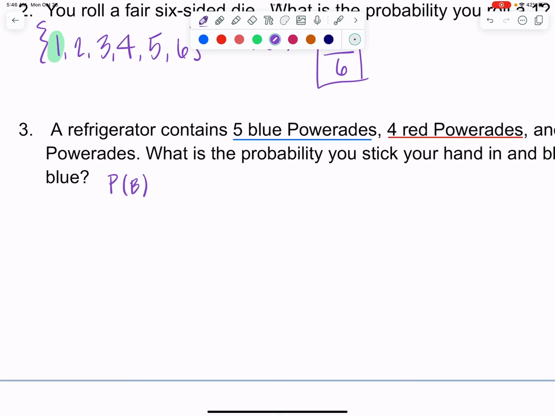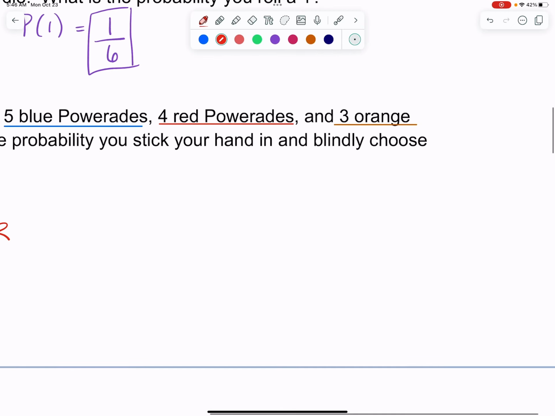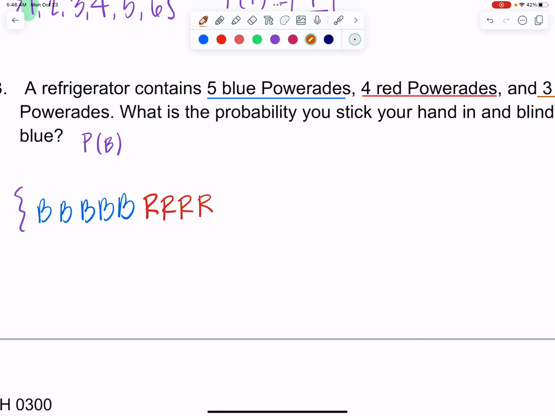Well, we need to take a look at our sample space. Our sample space has 5 blue ones, 4 red ones, and 3 orange ones. I want the number of ways I can pick a blue one.